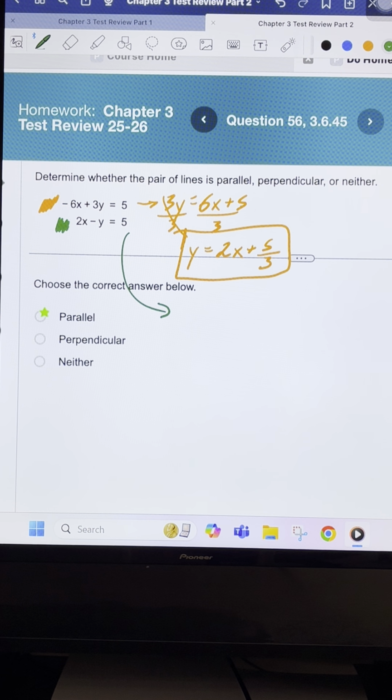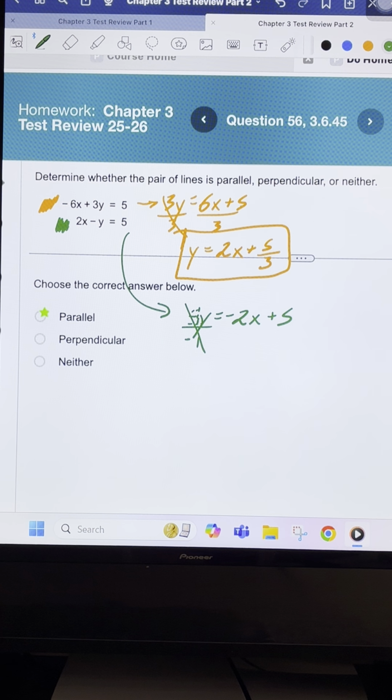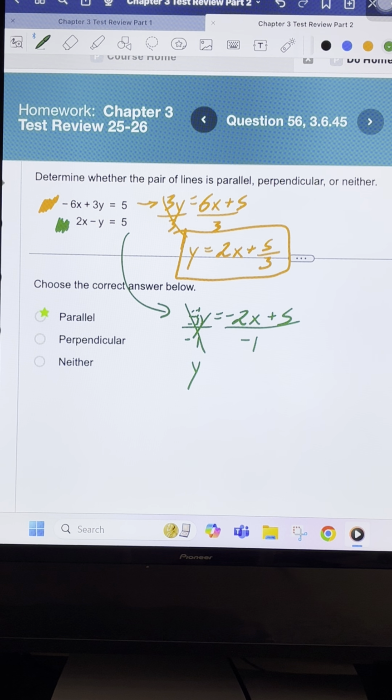And now in green, let's do this bottom one. So once again, I'm going to move the 2x to the other side, so I need to subtract it. So this is negative y equals negative 2x plus 5. I'm going to divide by negative 1 to get rid of this little invisible 1 that's there.